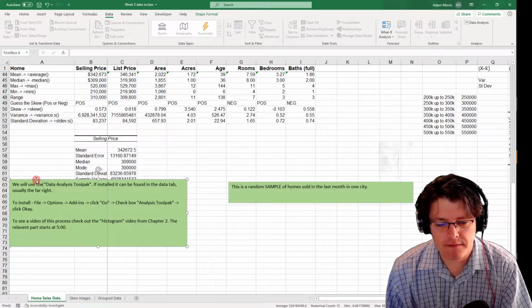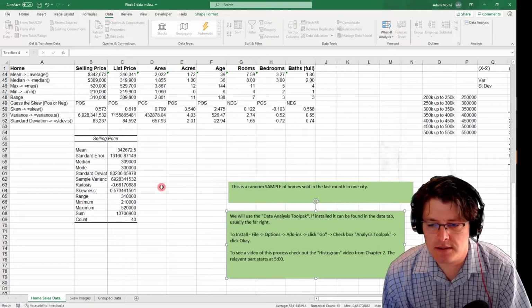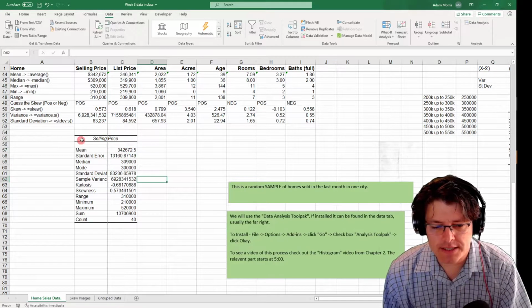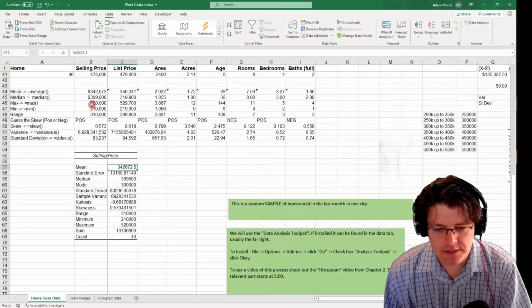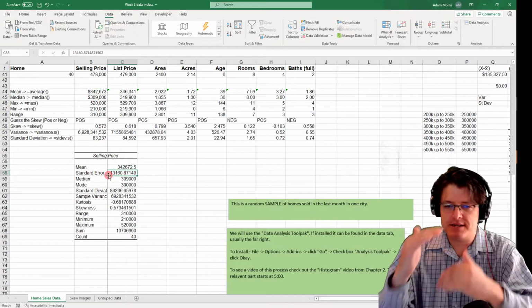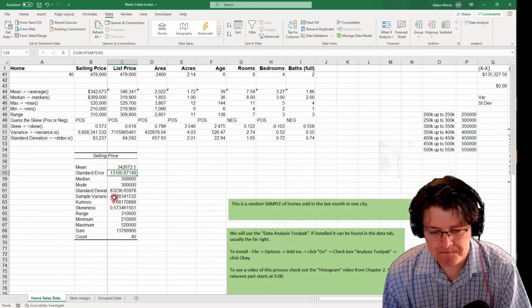But here we have, Excel has gone ahead with a few clicks within the data analysis toolpack. For selling price, I now have all of this information, and we can compare it here. We have 342,000. That's the mean. Some of the stuff is out of order. Standard error we haven't gotten to yet, but we do have standard deviation, sample variance, right?